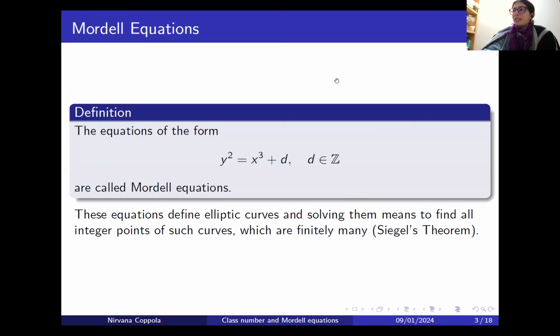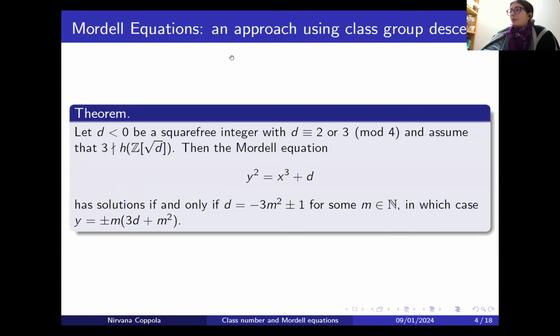There can be several different approaches for this, more or less elementary, but the one we followed and formalized is an approach that uses class group descent and aims at proving this particular specialization of the theorem, which holds for some d's. In particular, we take d a negative square-free integer that is 2 or 3 mod 4.